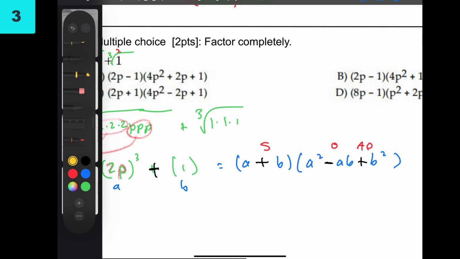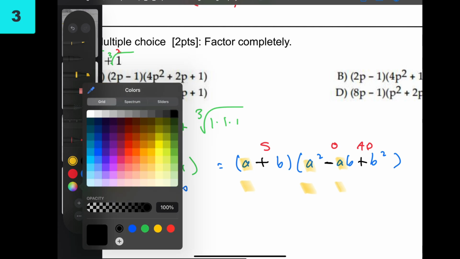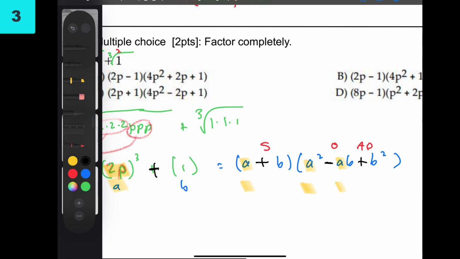Now, this one's going to be a little bit tricky. And I highlighted that one specifically because it has a coefficient. So that would be 2p plus 1. Okay, you have to do a second set of parentheses.